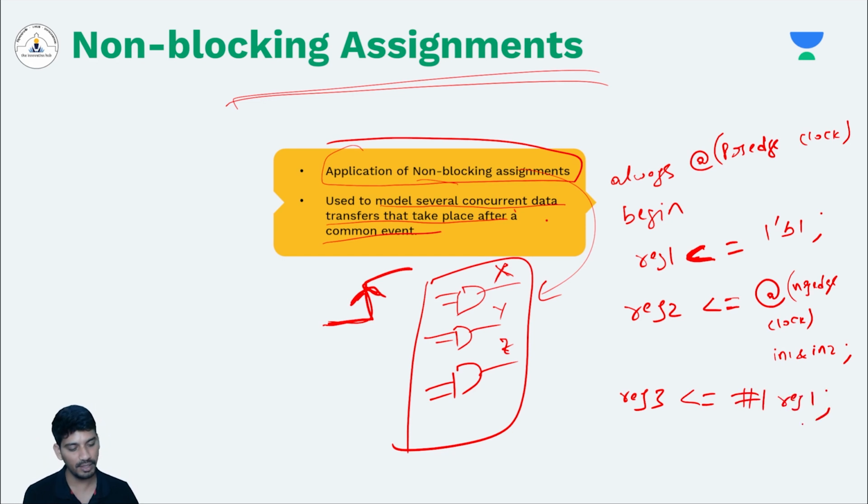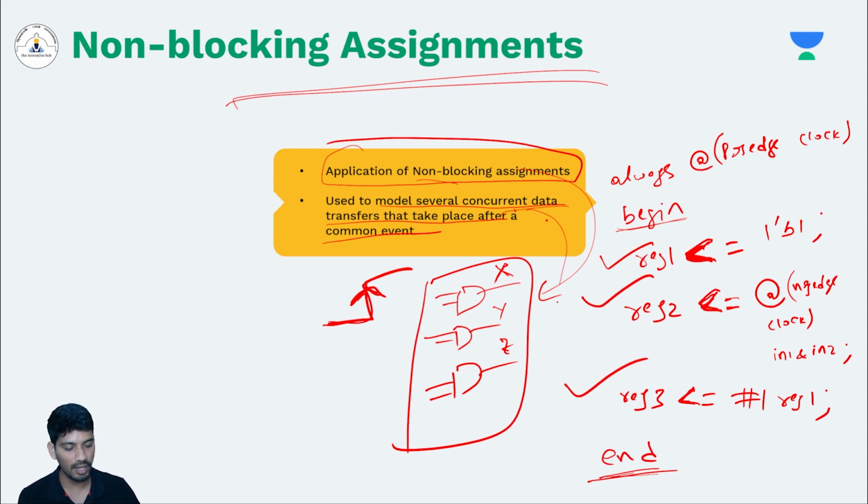So what is happening here? Even though they are inside the sequential block, since we have used non-blocking assignments, they will all try to execute at time t equals 0. Concurrently, they will all execute.